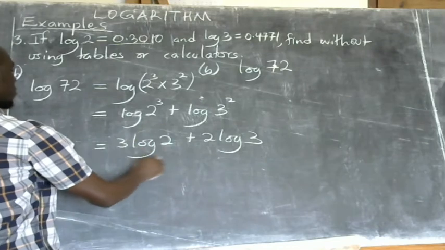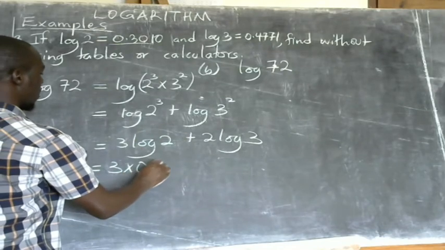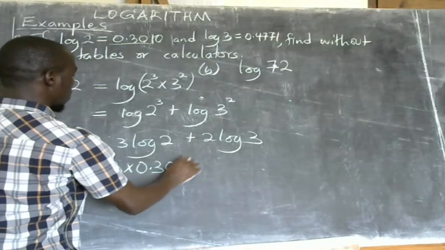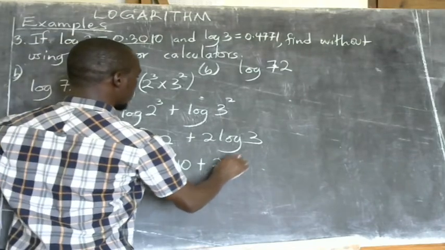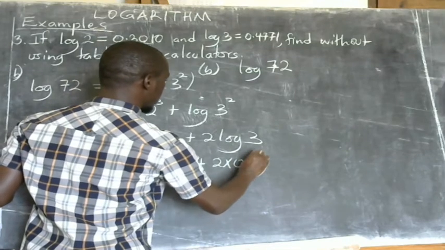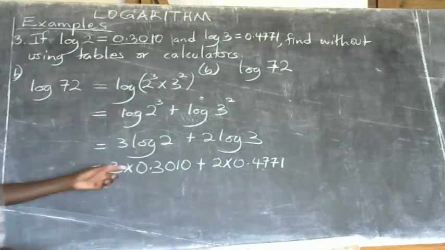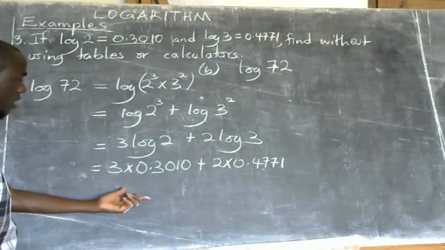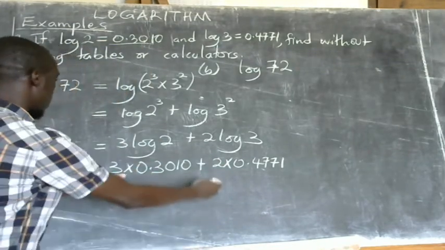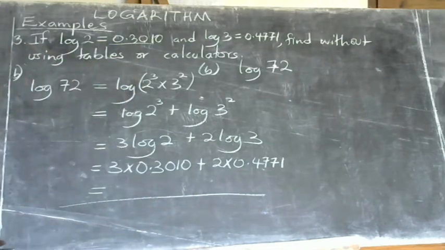Then I substitute what was given in the question. 3 times 0.3010, then plus 2 times, I substitute this one, was given as 0.4771. Then you multiply, you get the answer. Then you add, and you get the final answer there.